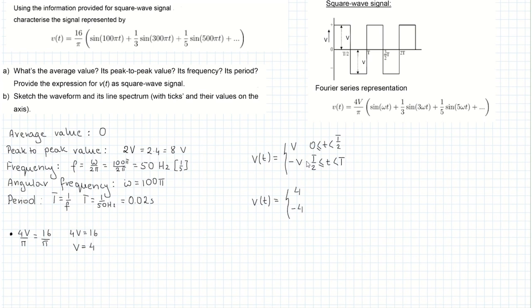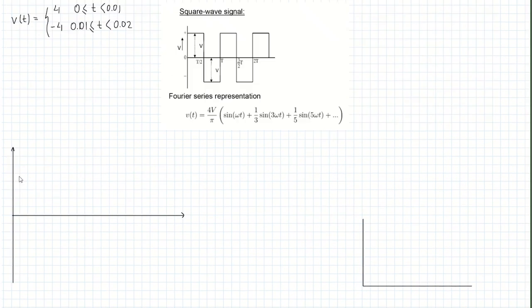So it's 4 or minus 4. It's 4 when t belongs to the interval from 0 to T over 2, which is 0.01, and minus 4 when our signal is from 0.01 to 0.02. We used information about the period of our function and information about the peak-to-peak value of our function to figure out how the expression would look.